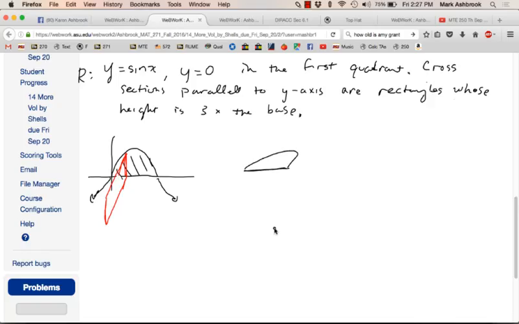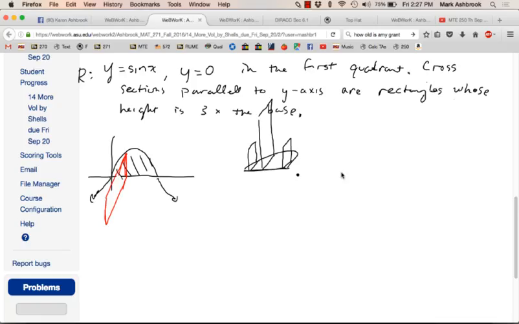This is that initial region, and all the cross sections are going to be rectangles that are 3 times taller than the base dimension. So there's that one, there's this one way up like this. Does it make sense? And then the shorter one over here.